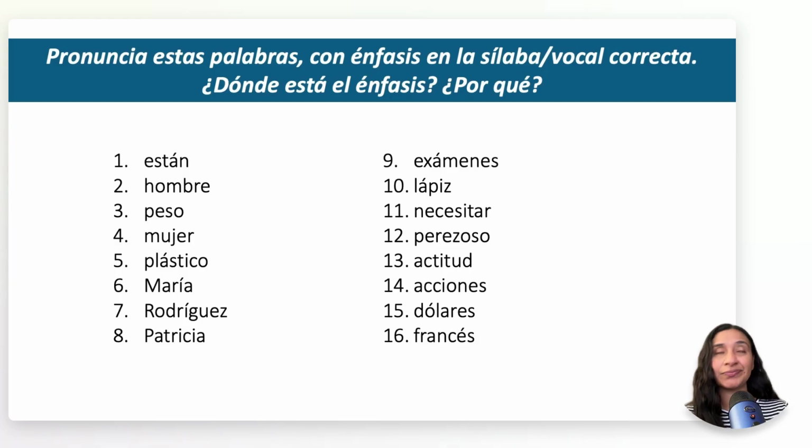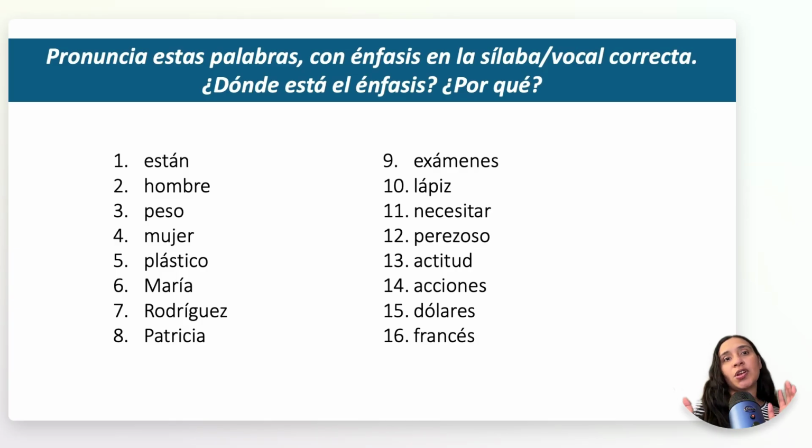And why? So, what we're gonna do is you can either pause the video and do it by yourself for about 5 minutes, try to read all these words, or just listen to me and try to think why do you think that the stress is in this X syllable.